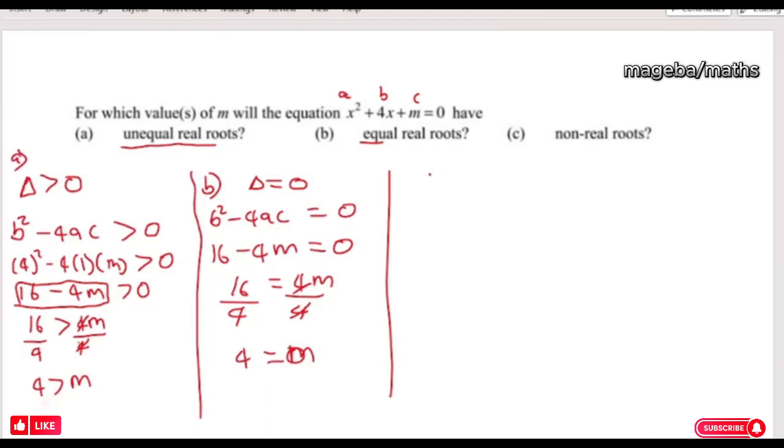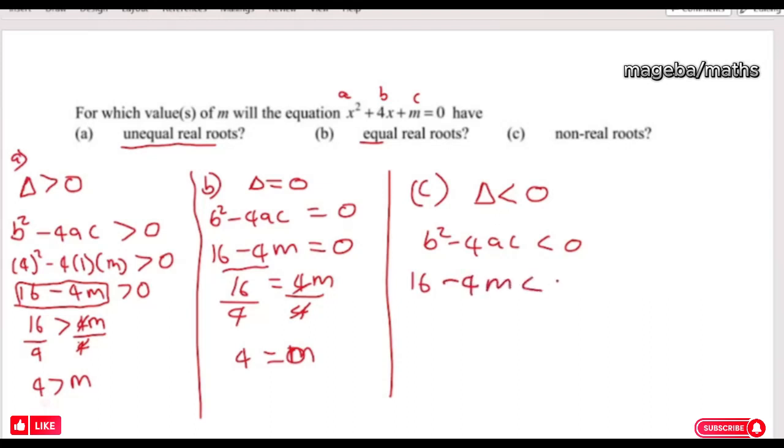Now C, to get non-real roots. I hope you know that to have non-real roots, the delta must be negative, meaning less than 0. So delta, b squared minus 4ac, is less than 0. This gives us 16 minus 4m less than 0.